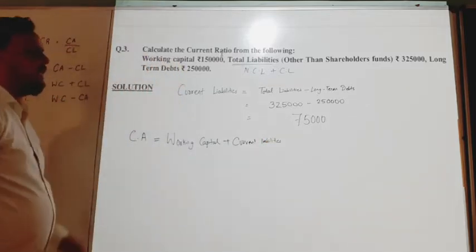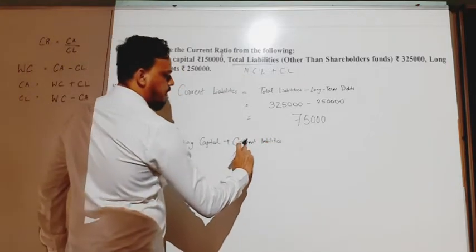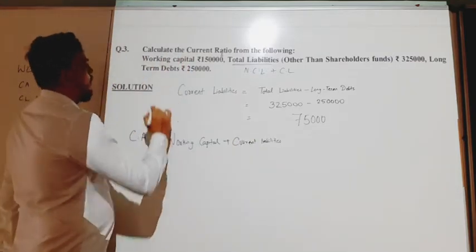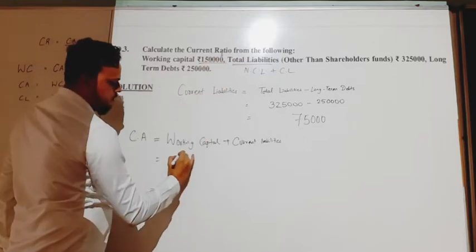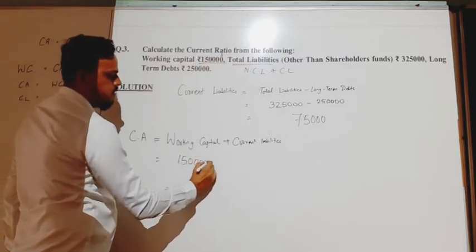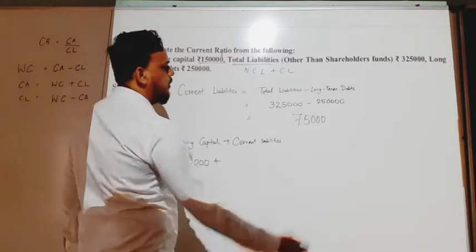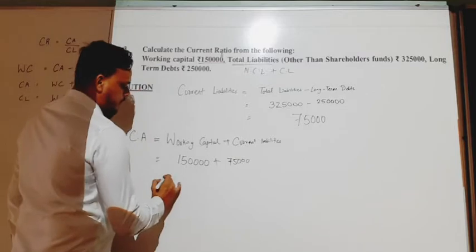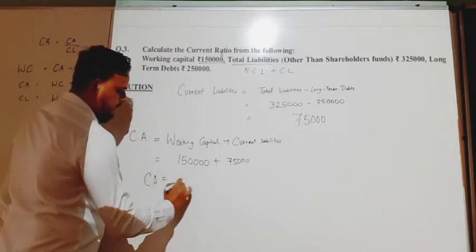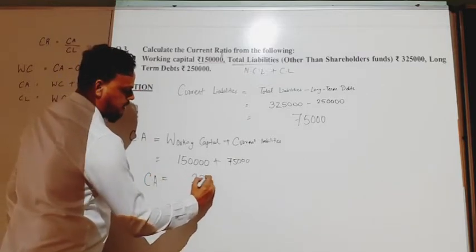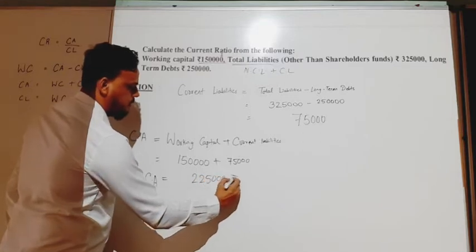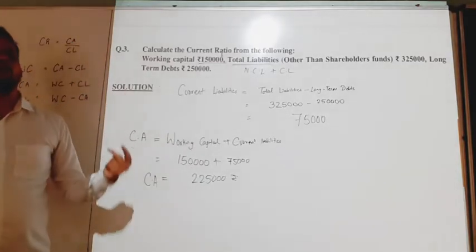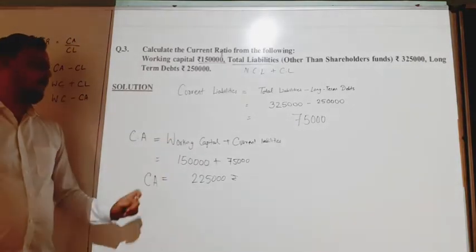We can do it directly. Working capital is 1,50,000 plus the current liability we just found, 75,000. If we add this, we get current assets of 2,25,000 rupees.